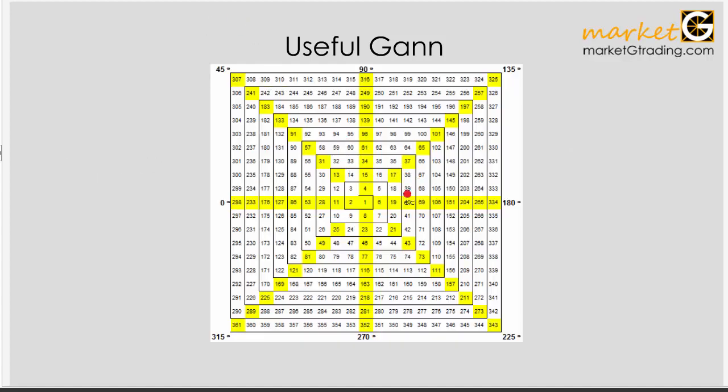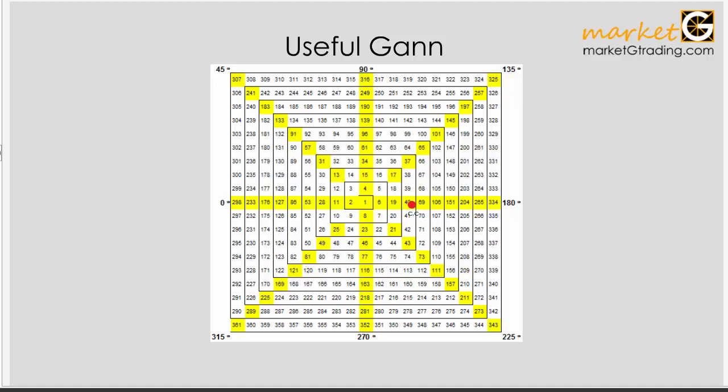You've probably seen these charts before. Just briefly, how they work. You'll see the degrees on the square of 9 chart. This level is the 0/360 degree level. This is 180 degrees. So basically, you probably can't see this, but this is 28 right here, so a price move from 28 around here to 40 would be a 180 degree move.